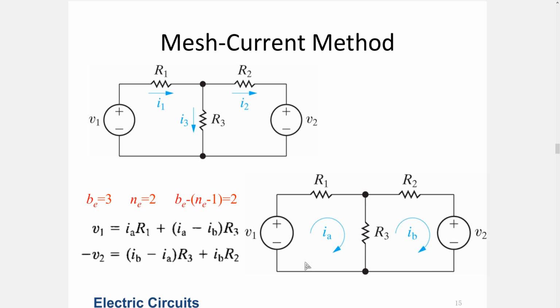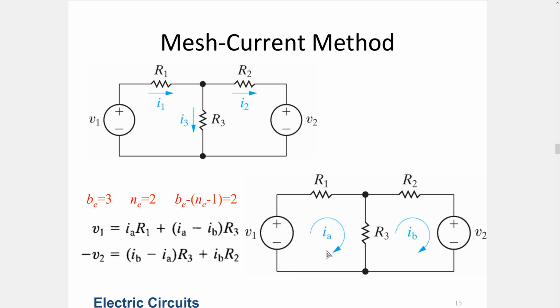Kirchhoff's voltage law tells us that in a closed loop, the sum of all the terminal voltages of the circuit elements should sum up to 0. So we choose a rotation direction, and while rotating, depending on our polarity, we write down the voltage drops over the elements and we sum them to 0.